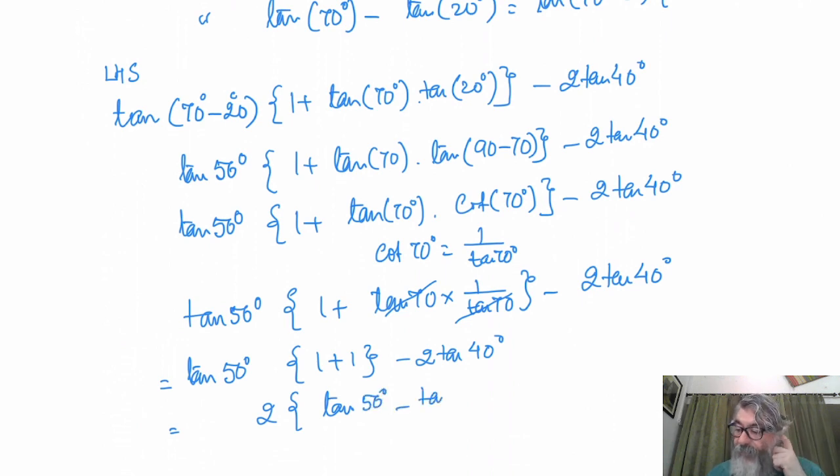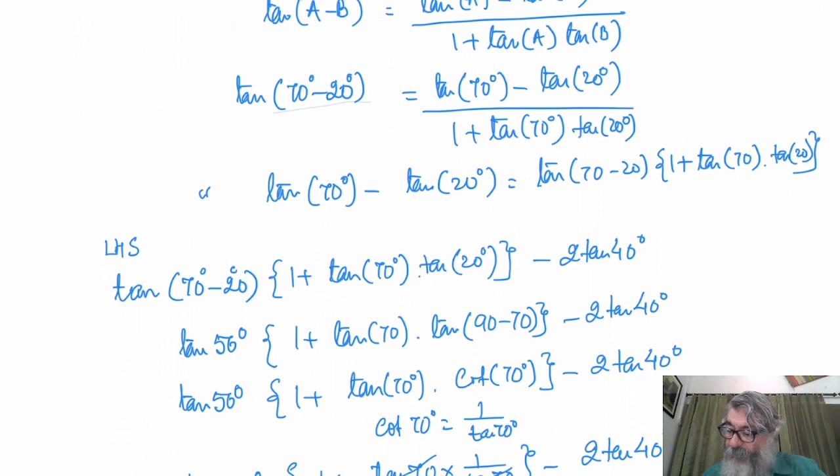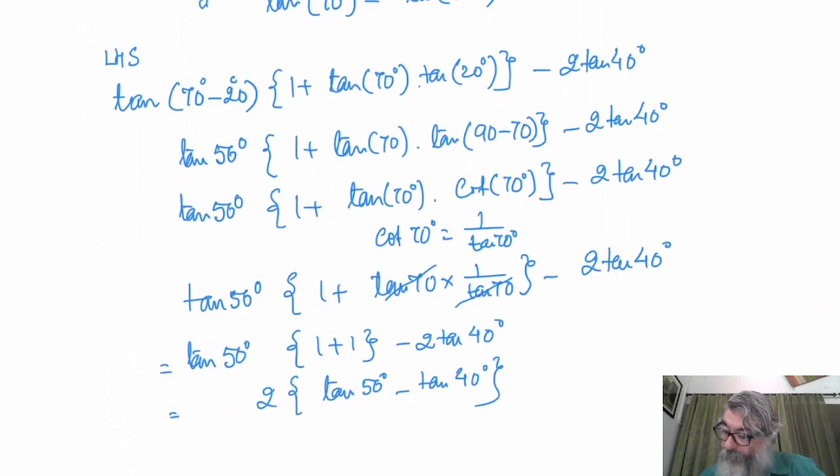Now like we started with tan 70 minus tan 20, similarly we will start with tan 50 minus tan 40, and of course 2 is common here, and what will I get inside?